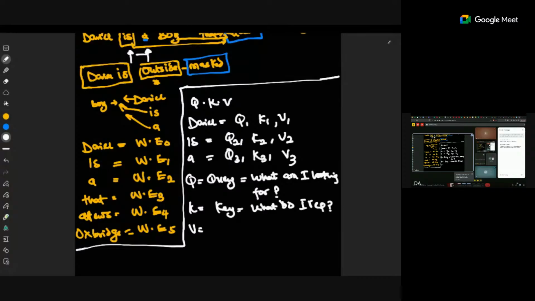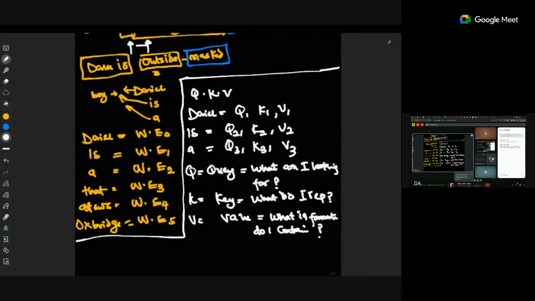Then we have V, the value vector, which is what information do I contain. Now, QKV is computed for every vector embedding, or every word in that sentence.